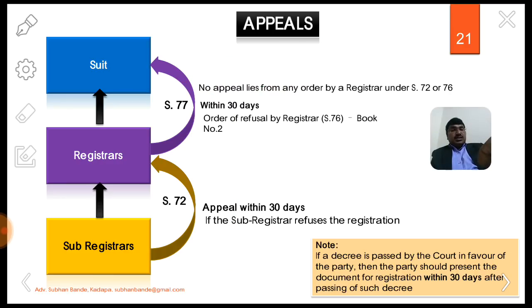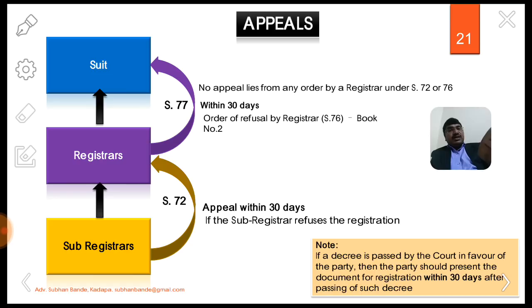Here, 30 days for appeal from sub-registrar to registrar; from registrar to a suit in a civil court, within 30 days. 30 days is the limitation for appeal, and 30 days is the limitation for the suit.